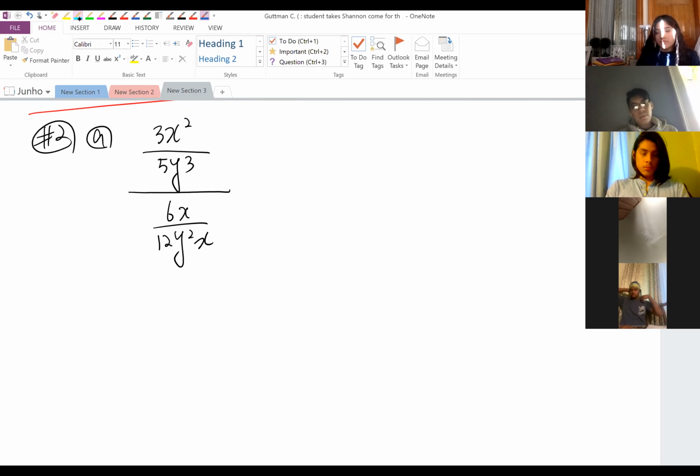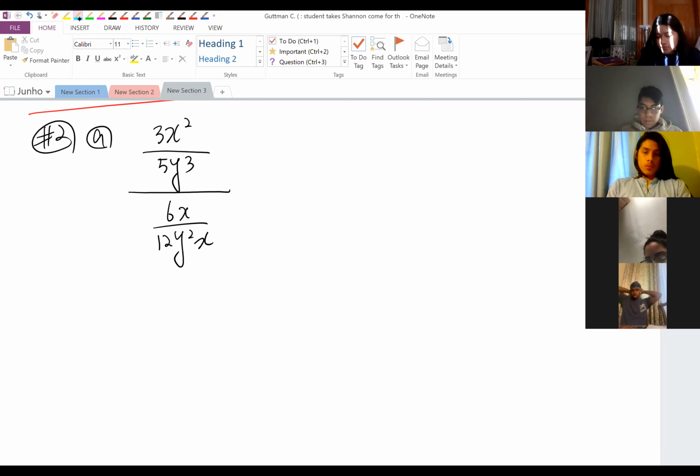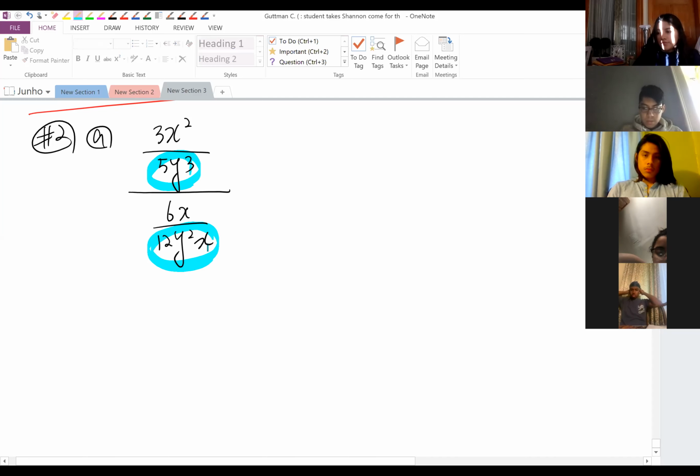So what are the denominators? 5y cubed and 12y squared x. That will be our two denominators.